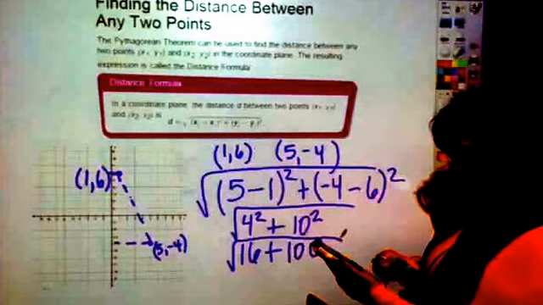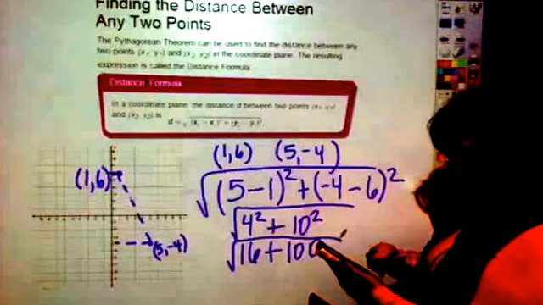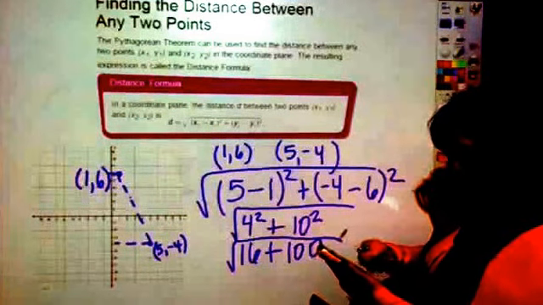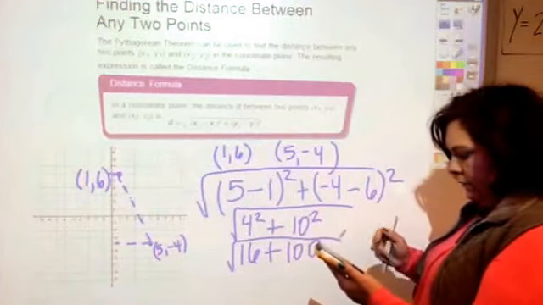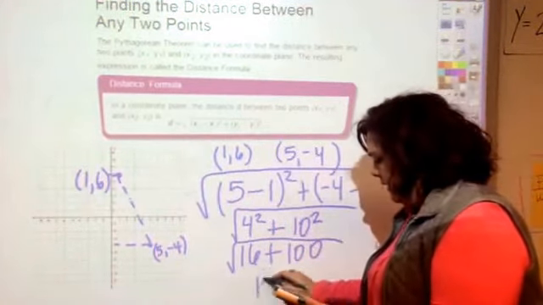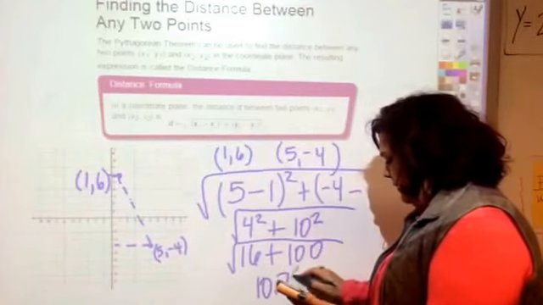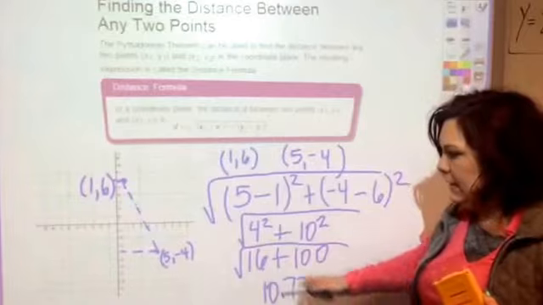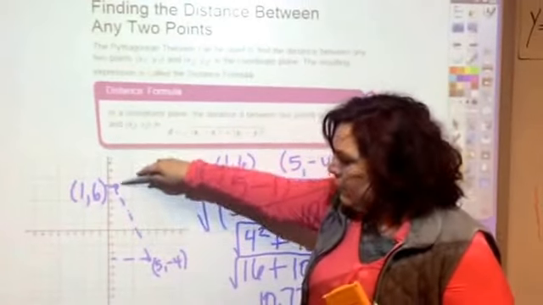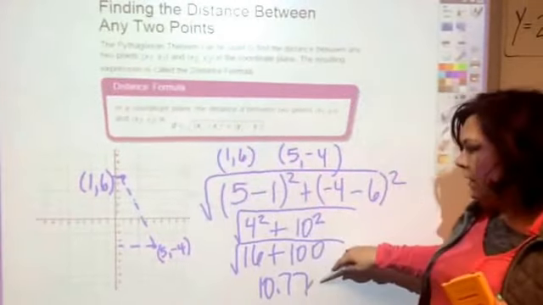So the square root of 116 would equal 10.77. And so that is the distance. This distance would be equal to 10.77.